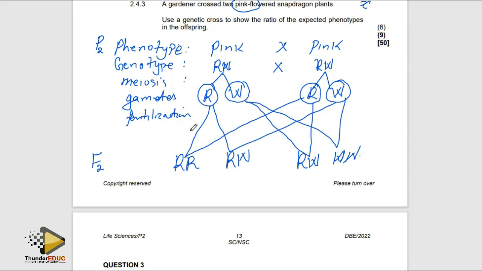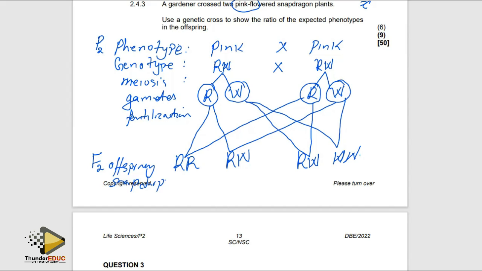So this is what is called fertilization. So these are the offspring of the parents. So F1 offspring. What are they? They said snapdragon. It means that those are the offspring, or the snapdragons.